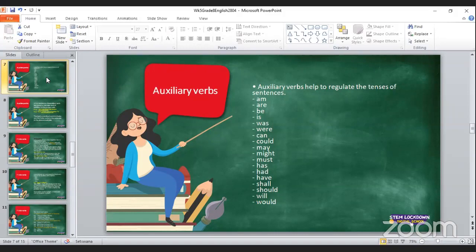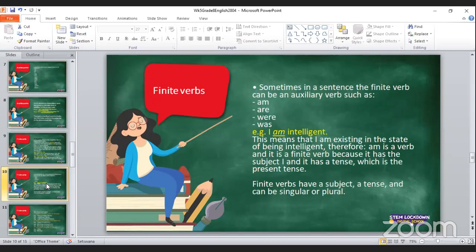So yes, these are auxiliary verbs. You can note them down. If you can't, you can go to YouTube and watch them. So this is where I was: sometimes an auxiliary verb becomes our finite verb. Like I demonstrated in our example, I am intelligent.